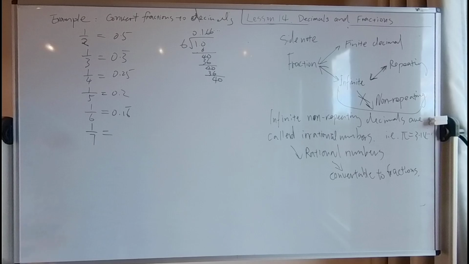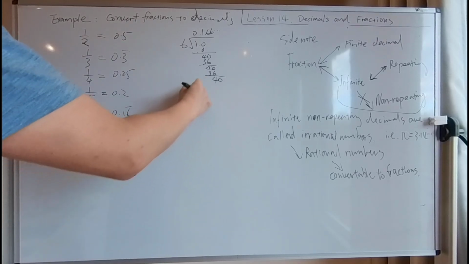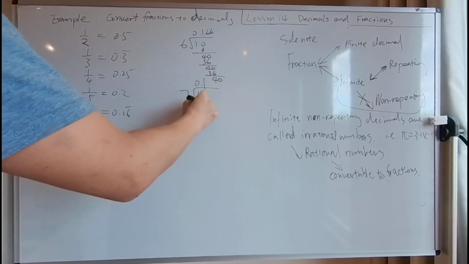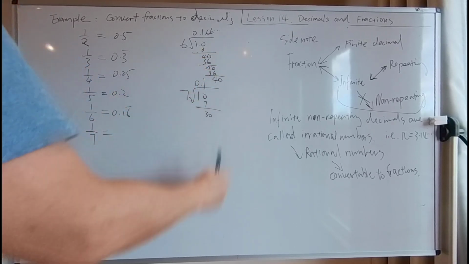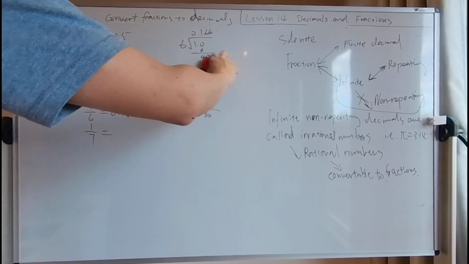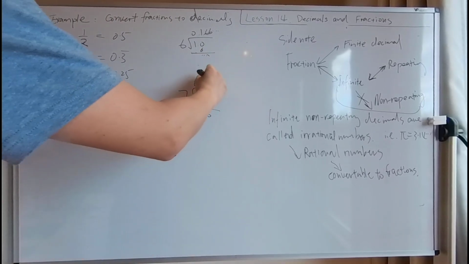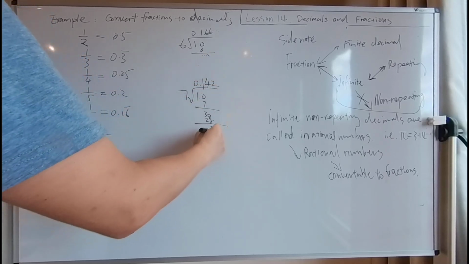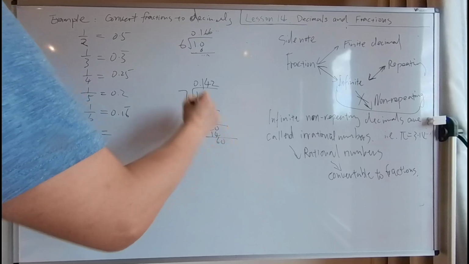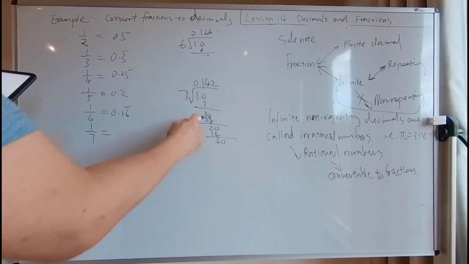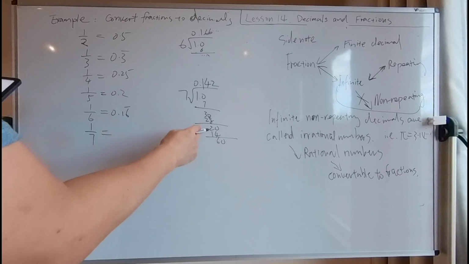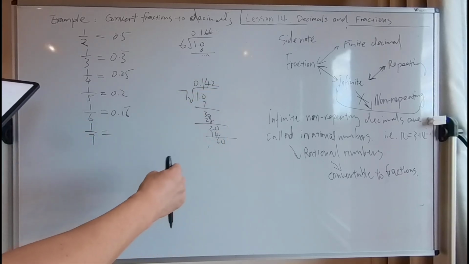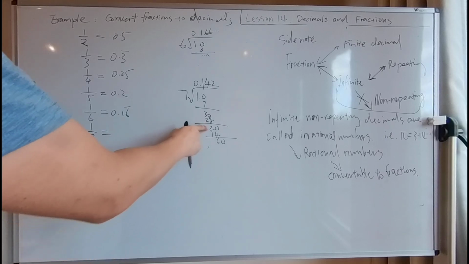1 over 7, similarly, we haven't tried this before. One, I got 30. 4 times 7 is 28. 2 times 7 is 14. So far, we don't have repeating remainders. As soon as you see a remainder repeating, that means your output will start repeating, right? So far, remainders are 3, 2, and 6.